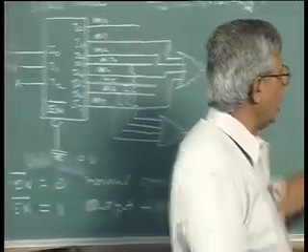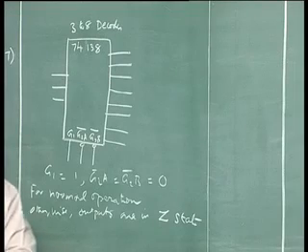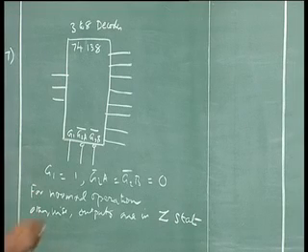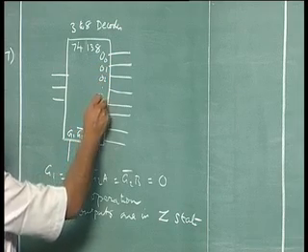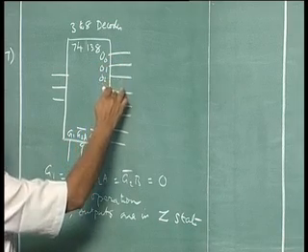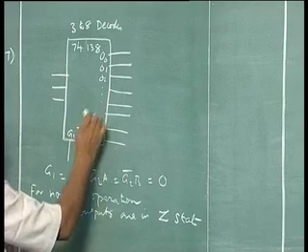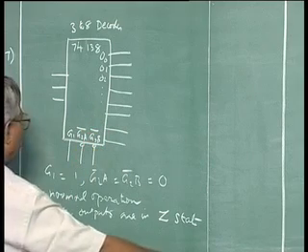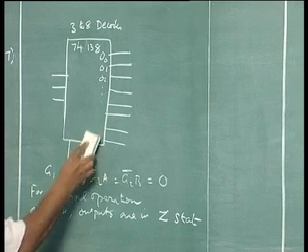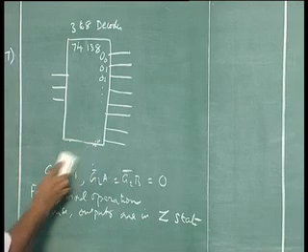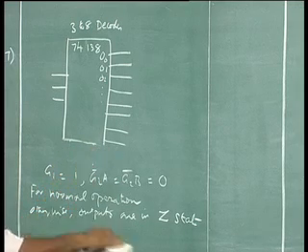The outputs are not active high, outputs are active low. So, instead of getting O0, O1, O2, how many? 1, 2, 3, 4, 5, 6, 7. I don't have space here. I will probably put the enables here, does not matter. Enable does not have to be at the bottom because it is only a representation of circuitry in the book.